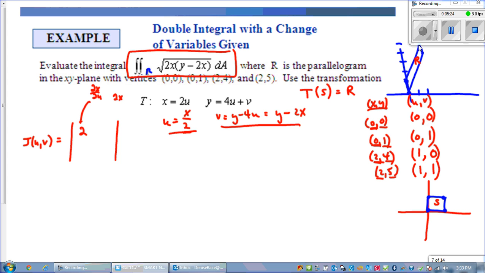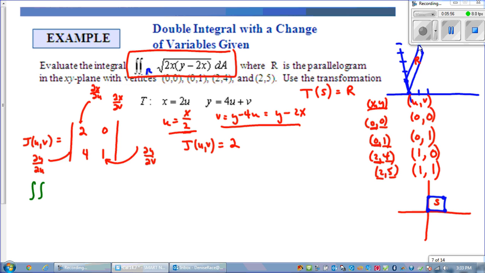The partial of x with respect to v will be 0. The partial of y with respect to u will be 4. And the partial of y with respect to v will be 1. So evaluating this determinant, we get that the Jacobian will be just 2.